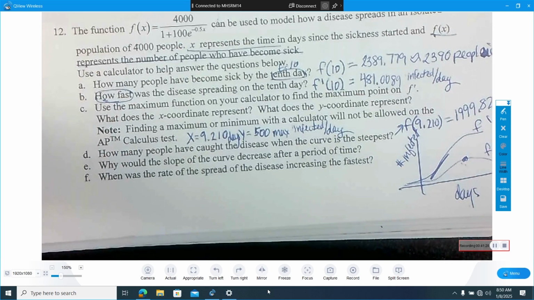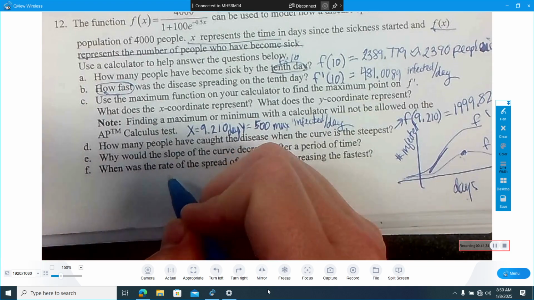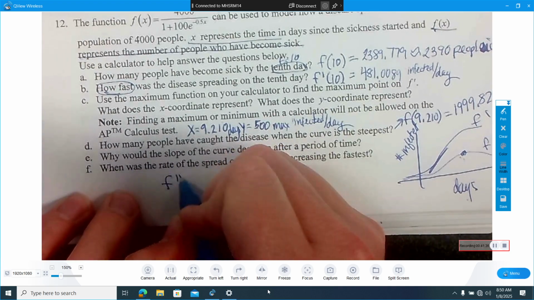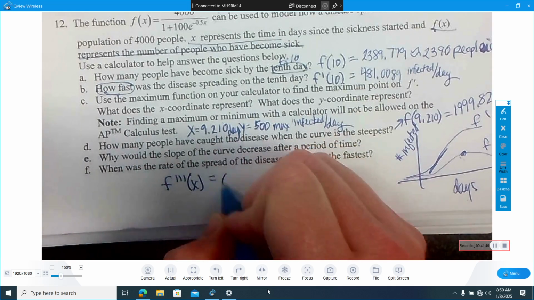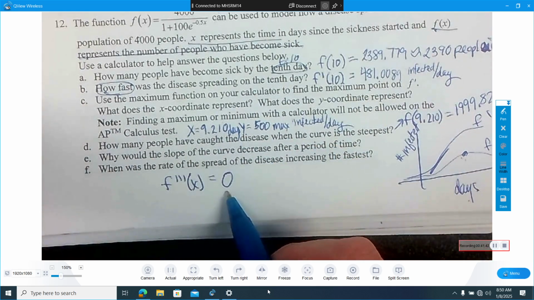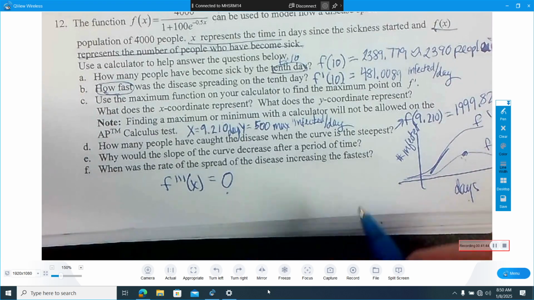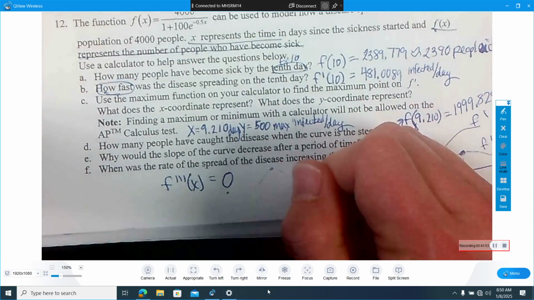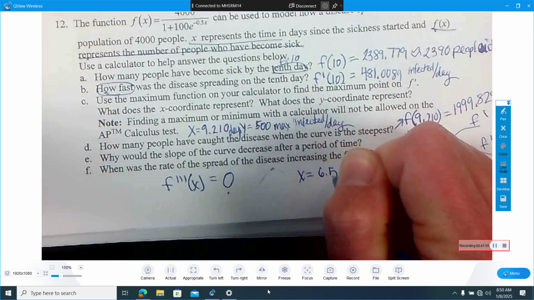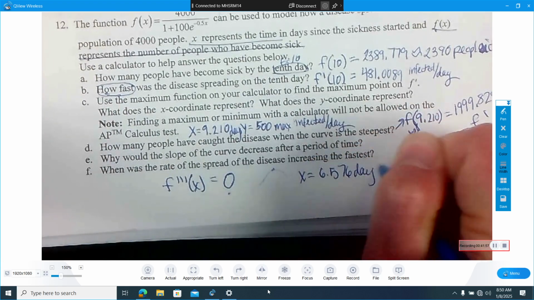So we're starting with the derivative, and then figuring out where that, which is crazy to think about, f triple prime of x, where it reaches 0, increasing the fastest. So that'd be where it's peaking out somewhere, a relative max. It happens at x equals 6.576 days.